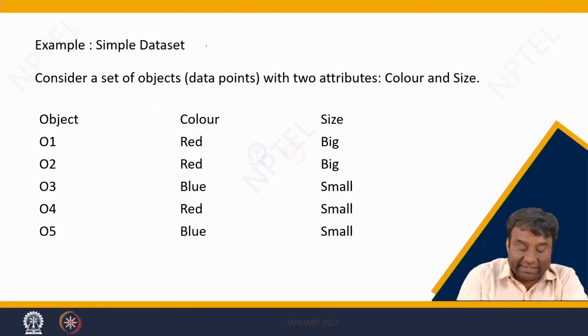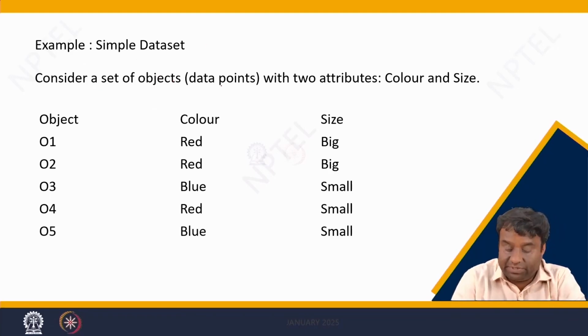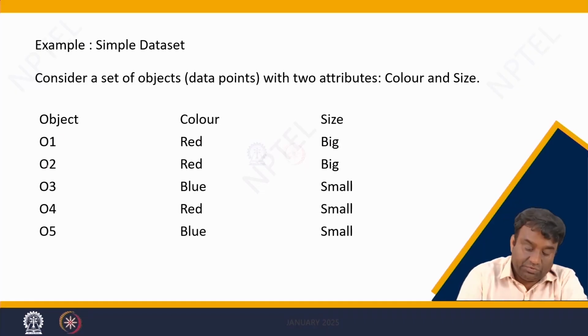Take a simple data set. Consider a set of objects, that is, data points, with two attributes: color and size. Object O1: color is red, size is big. Object O2: color is red, size is big. Object O3: color is blue, size is small. Object O4: color is red, size is small.